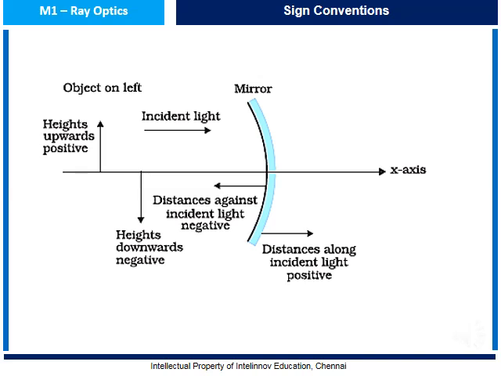And any distance measured below the x axis is given a negative sign, whereas a distance measured above the x axis is given a positive sign. This is more like the quadrants. The similar sign convention is applicable to the mirrors also.